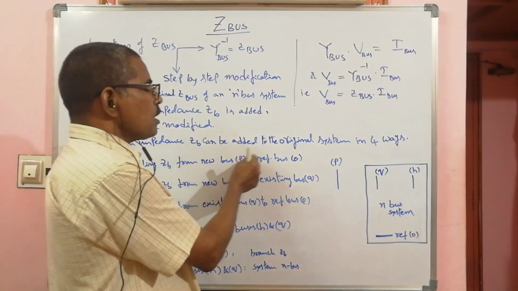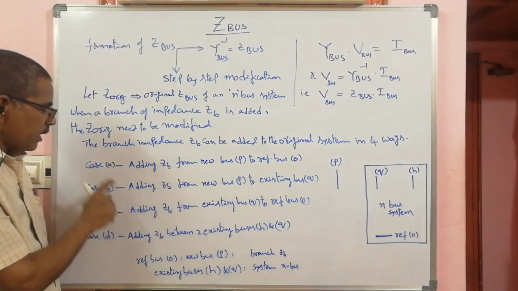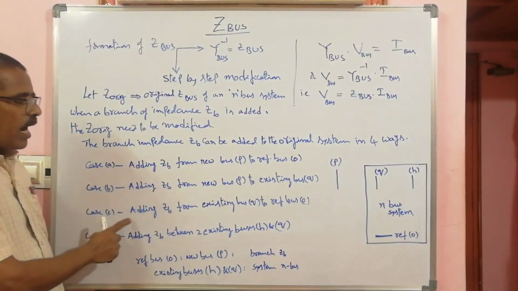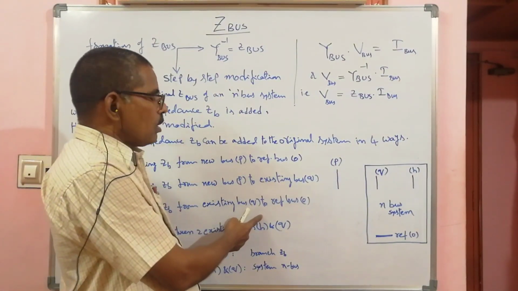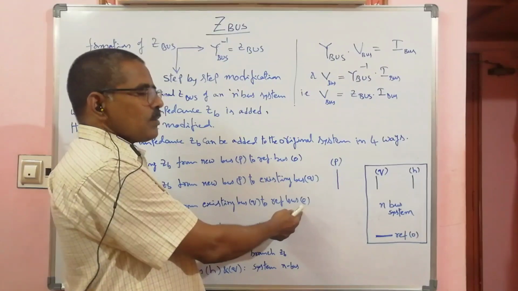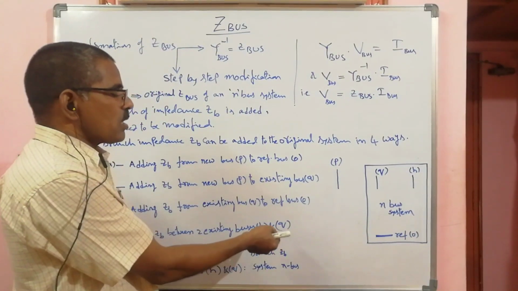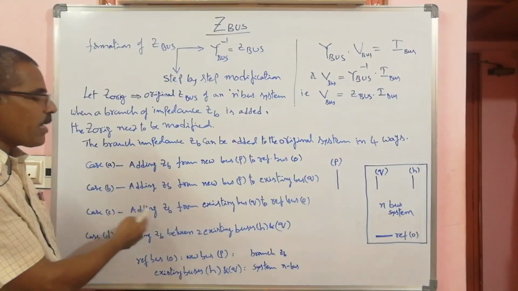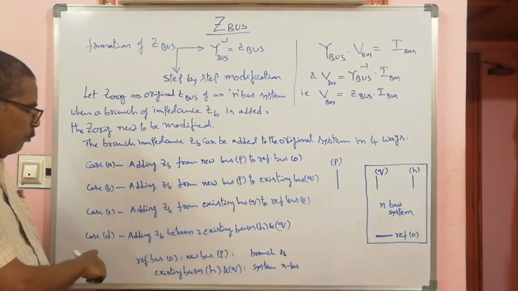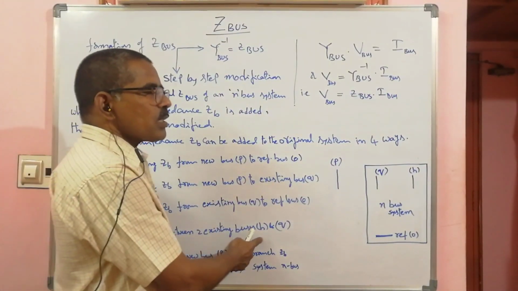P is the new bus, Q is the existing bus, 0 is the reference bus. That is the second case. Third case, adding ZB from existing bus Q to reference bus 0. So Q is already within the system, from that existing bus to the reference bus.